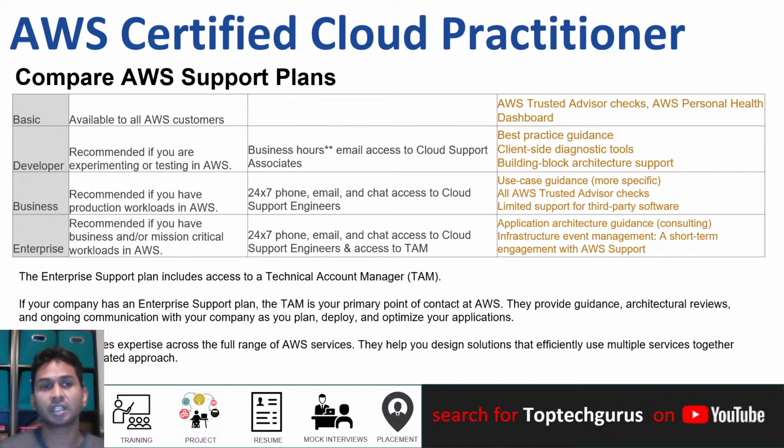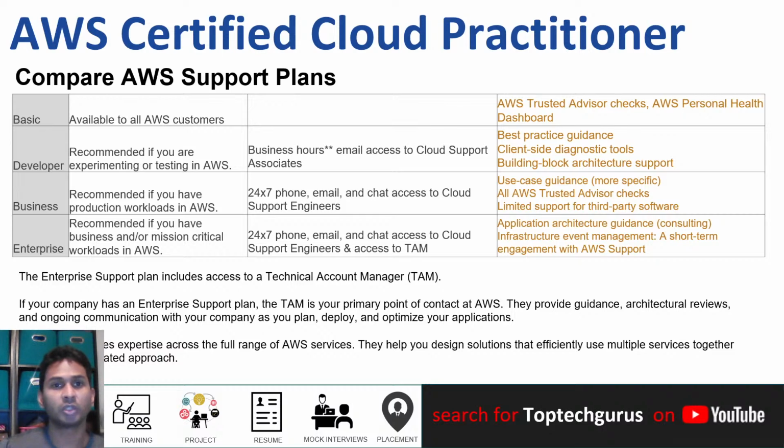When you go for the business account, this is recommended if you have any production workloads in AWS. You get 24/7 phone, email, and chat access to cloud support engineers. Remember, this can also come in the exam. You don't get cloud support engineers until you get to business.